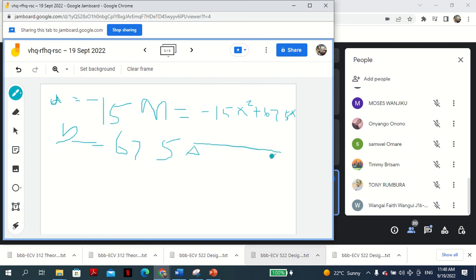Now, just to remind you a little bit also, it curves somewhere and then becomes straight.